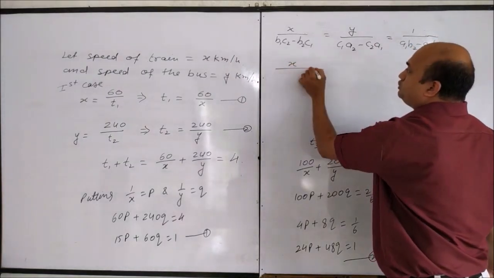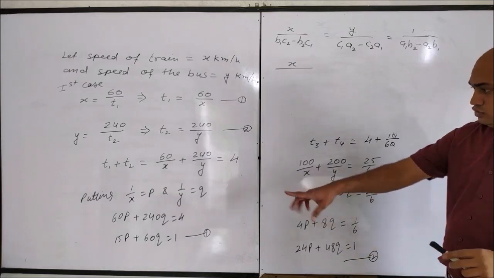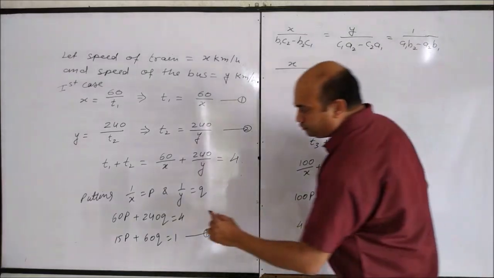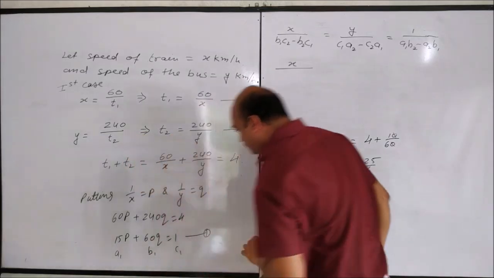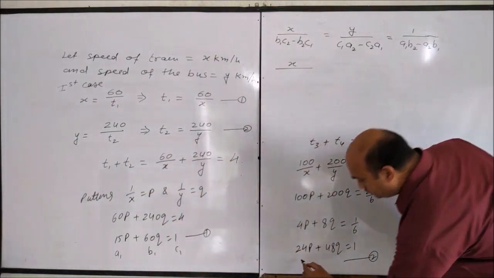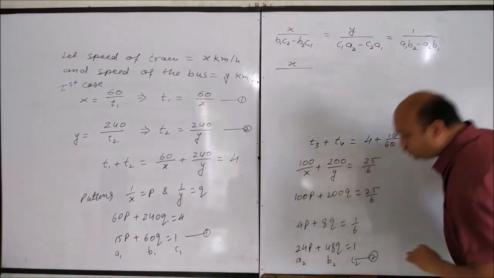Here this is a1, this is b1 and this is c1, and here this is a2, this is b2 and this one is c2.